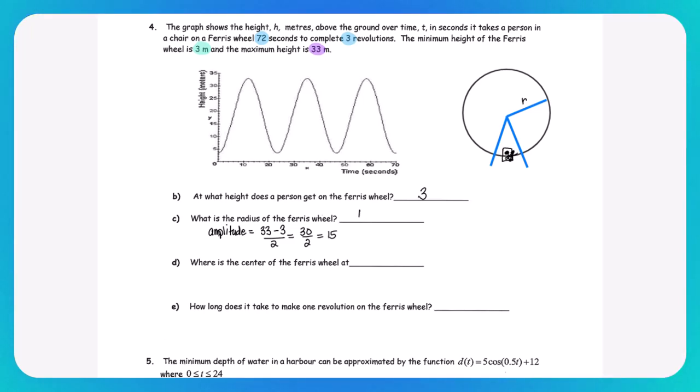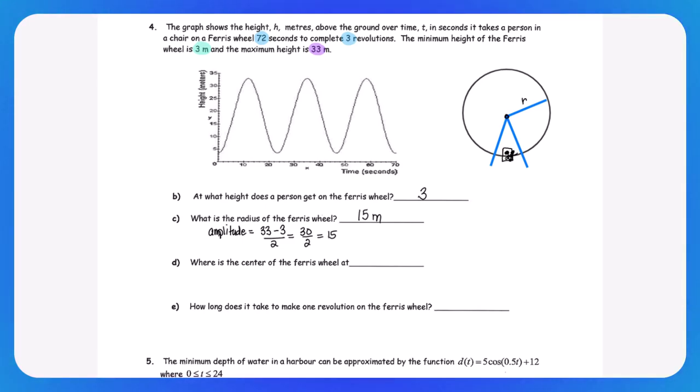The radius is 15, but this question has a context, meaning we have to include the units. So this is 15 meters. Now the second part D here is, where is the center of the Ferris wheel? I guess they mean at what height is the center of the Ferris wheel?